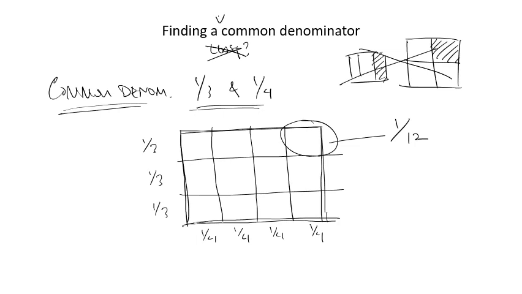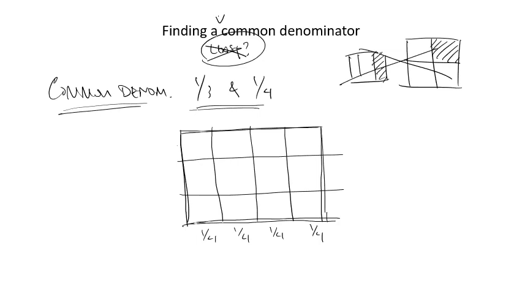Now, I want to point out that in this case, this is the least common denominator, but it's only because 3 and 4 aren't divisible by any of the same numbers. If I were to say, let's change this problem up a little bit, and let's make these 1/6. So if I now go through, and I'll erase this circle as well.